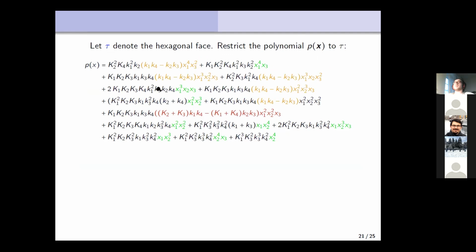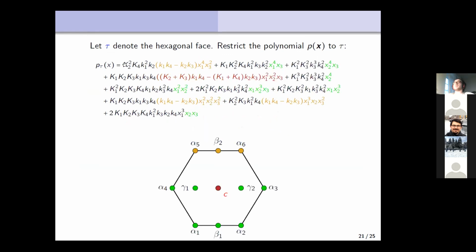Now, if you do this, our polynomial is somewhat smaller, and the Newton polytope is two-dimensional, and everything except C is green. So from here, just as we did in our second example, we will try to find circuits to cover this red point, and this will give us a symbolic certificate of non-negativity.